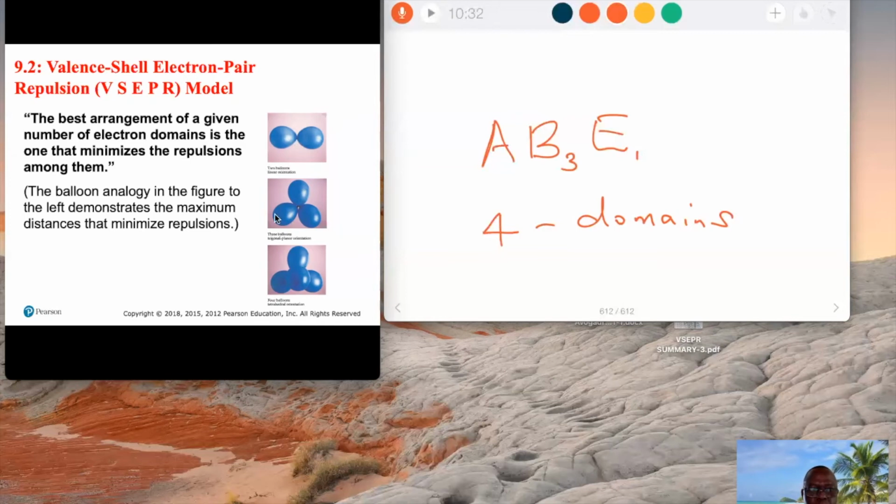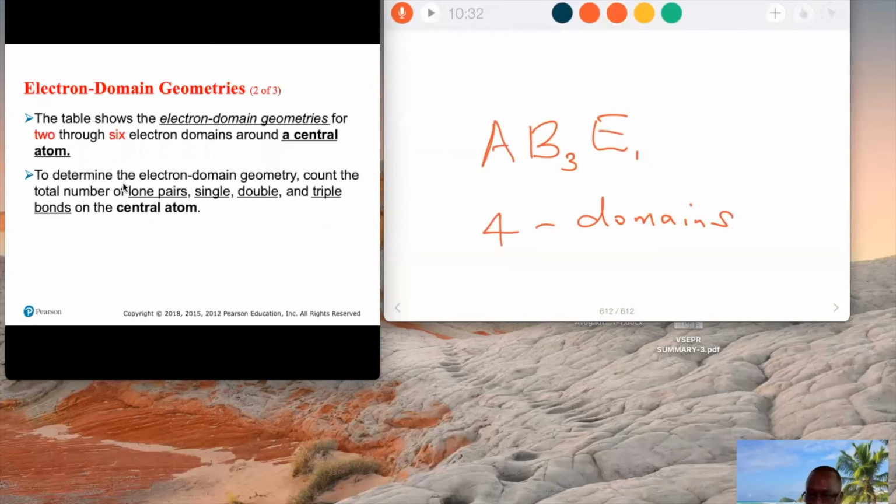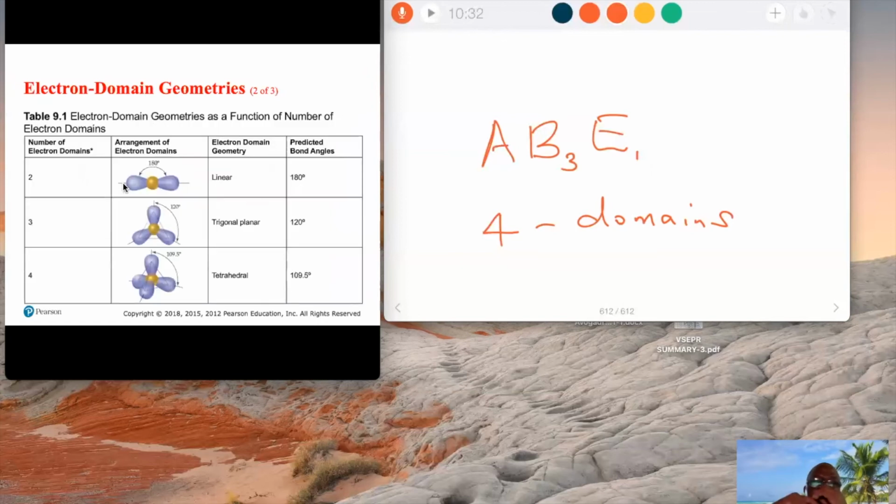This is 3 loops pointing in different directions. Using the analogy of balloons, electron pairs tend to repel in the valence shell electron pair repulsion model. There are 6 molecular geometries which are on table 9.1.